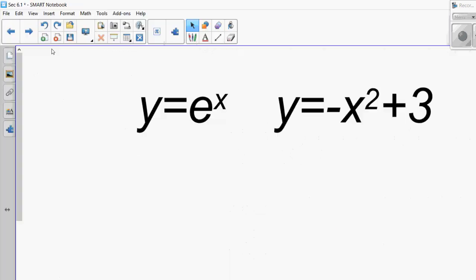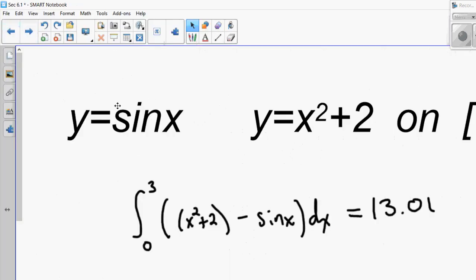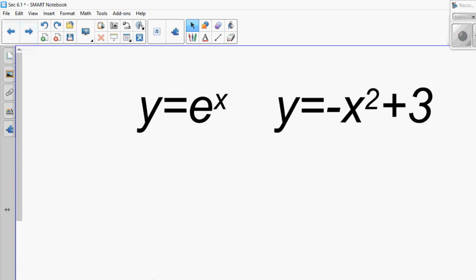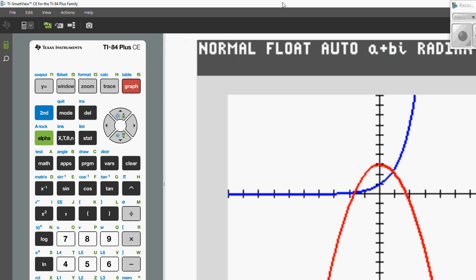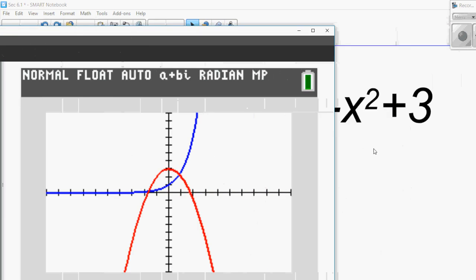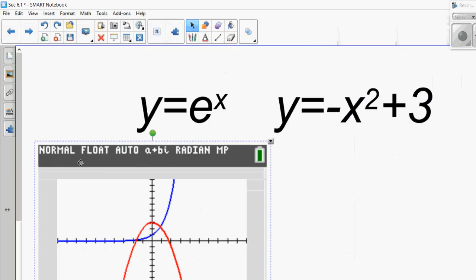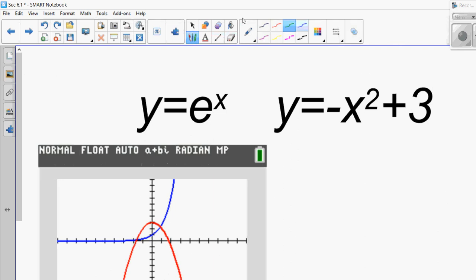Now, you'll notice sometimes, as in sine of x and x squared plus 2, they give us this interval from 0 to 3 because there wasn't an enclosed area between them. Sometimes when they give us something like this, there is an enclosed area. You can see that enclosed area there between them. That is the area we're trying to find.